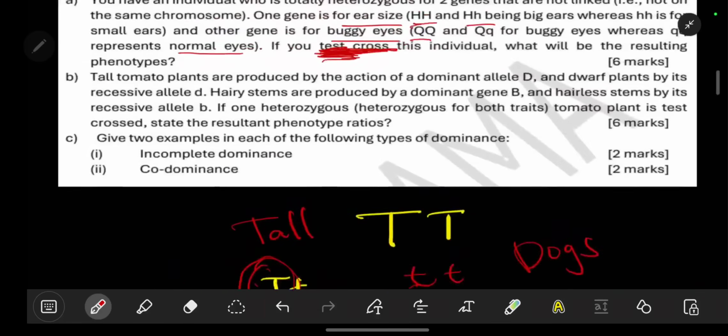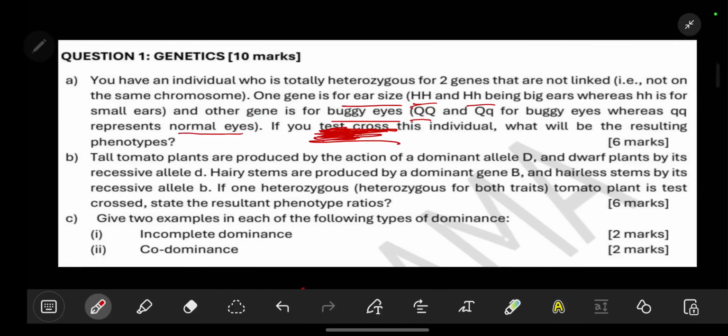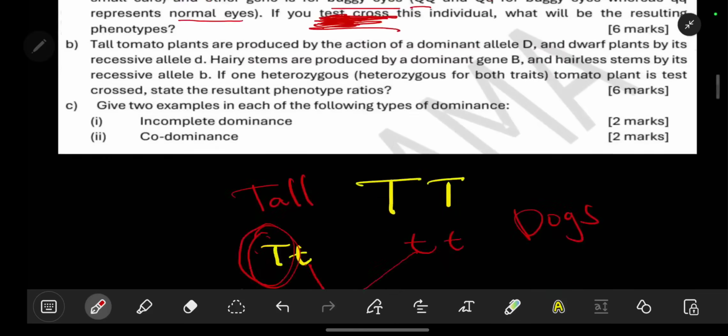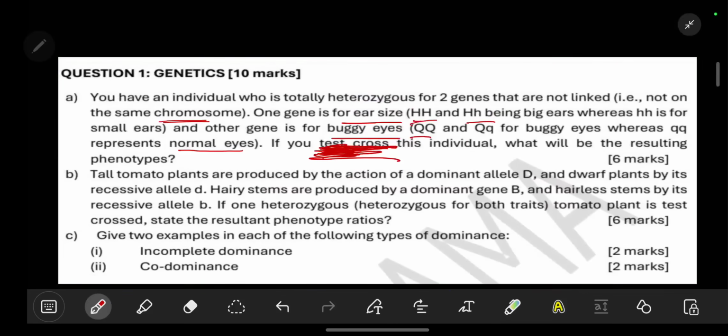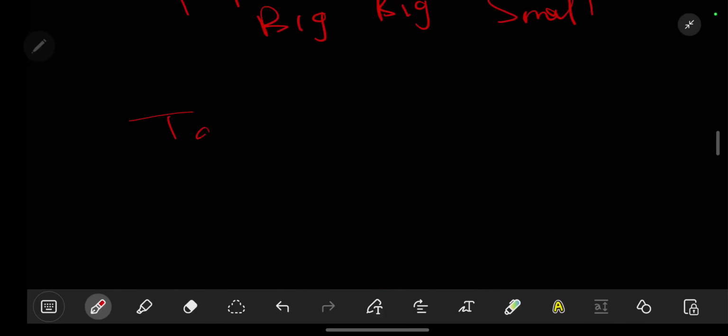So how do we do dihybrid crosses for this? Now remember, these are not linked. It simply means that someone can be tall at the same time that person can have, let's say, blue eyes, or someone can be short and have blue eyes.